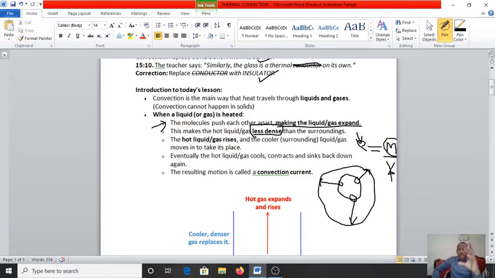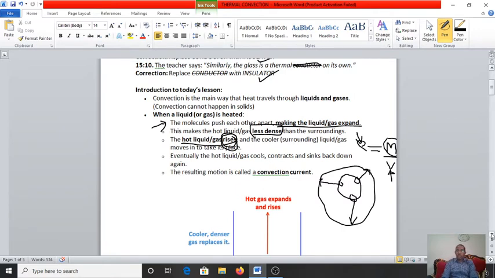Then when it becomes less dense, I think we are aware that denser fluids tend to go down and less dense fluids tend to rise. See? So when the fluid becomes less dense than the surroundings, then this fluid will rise.